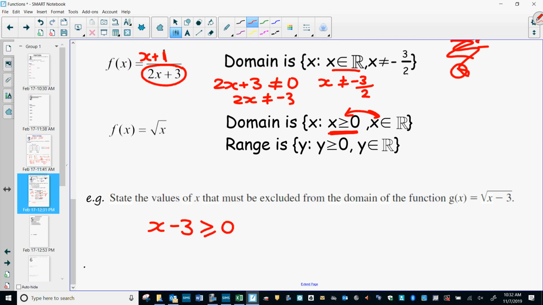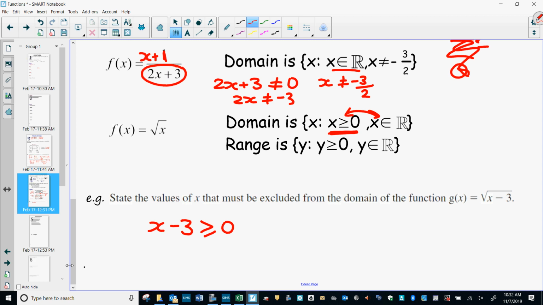Because that indicates that this expression here would be greater than or equal to 0, which is what has to happen to make sure that the value inside the square root is not negative. Would you rather I say less than or equal to 0, or less than 0? Because they are the ones that I'm going to exclude.